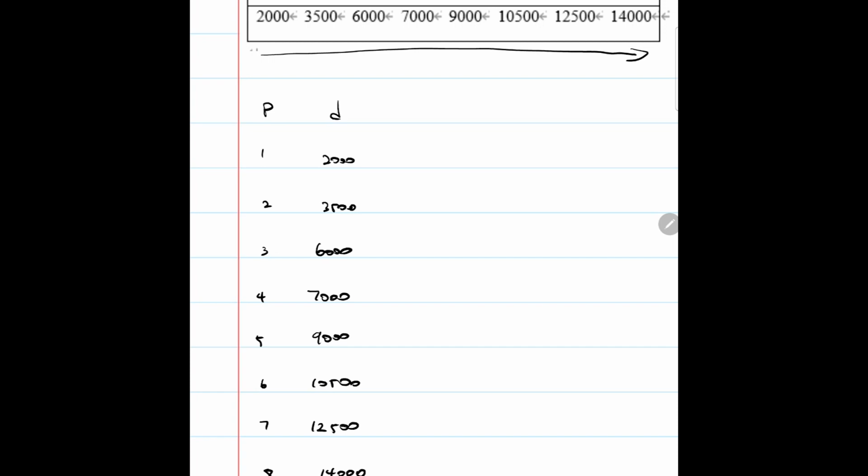So first thing that we have to calculate is alpha hat, which is 2 over n plus 1, which will be 0.22.